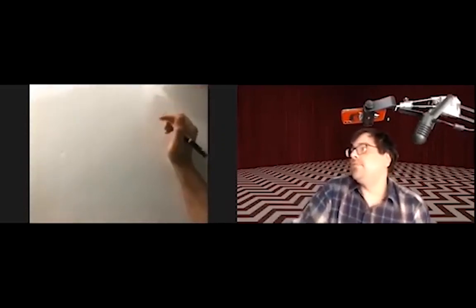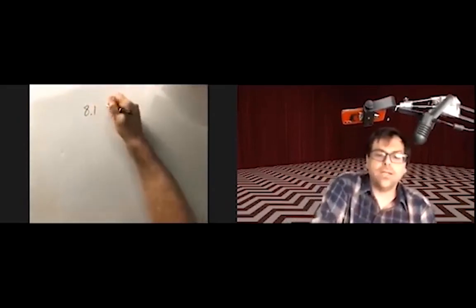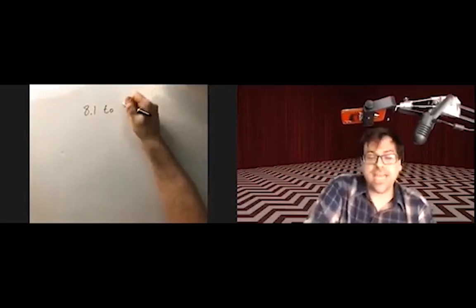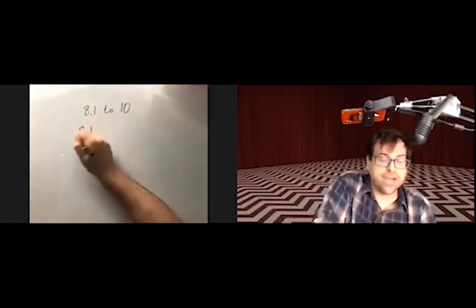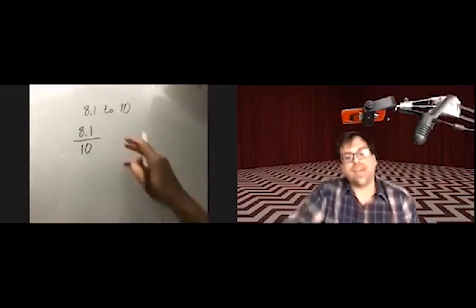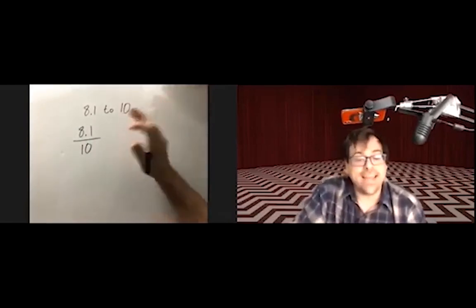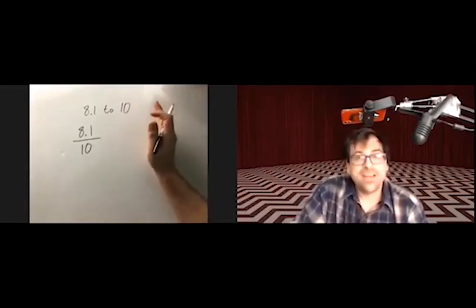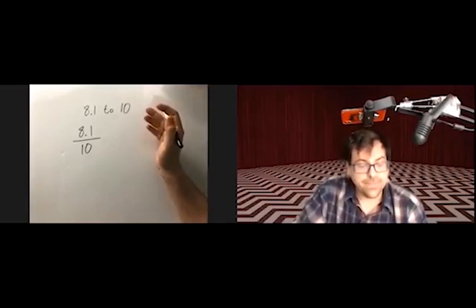Let's find the simplified ratio for 8.1 to 10. Well, we start with what we did last time, right? The unsimplified ratio. And then we have to deal with this when we simplify. Just like a fraction can't have decimals inside of it, a simplified ratio can't have decimals inside of it.